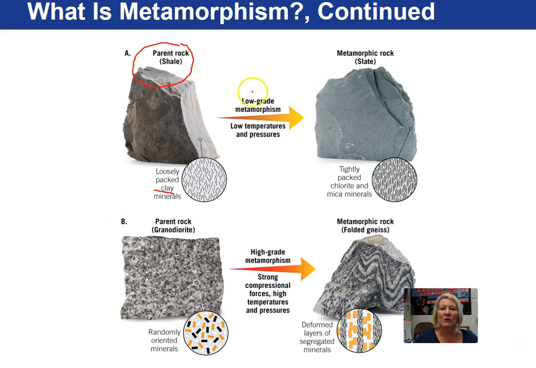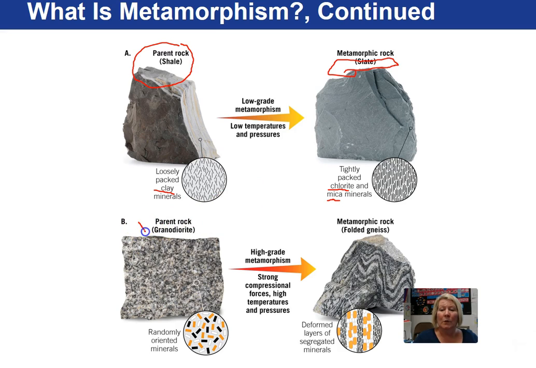If we take that shale and metamorphose it just to a low-grade situation, that shale becomes a metamorphic rock we call a slate. And no longer is the clay stable as a mineral. Now we get mica and chlorite that are stable. So here we've changed the minerals.